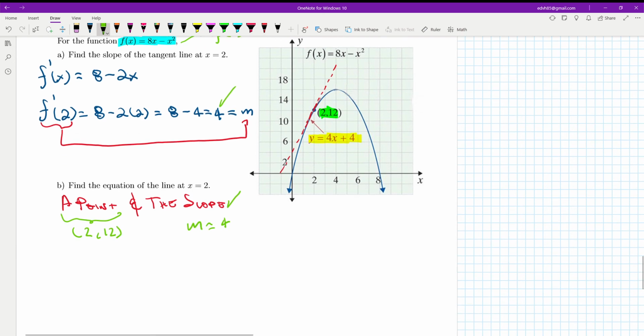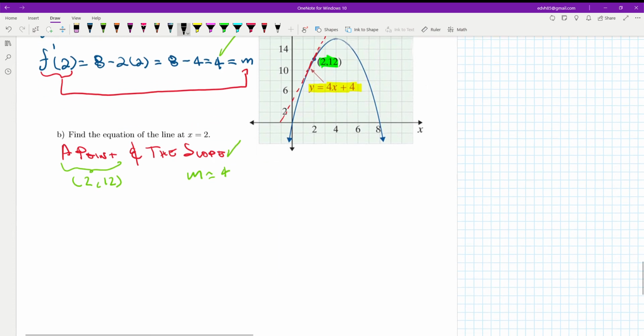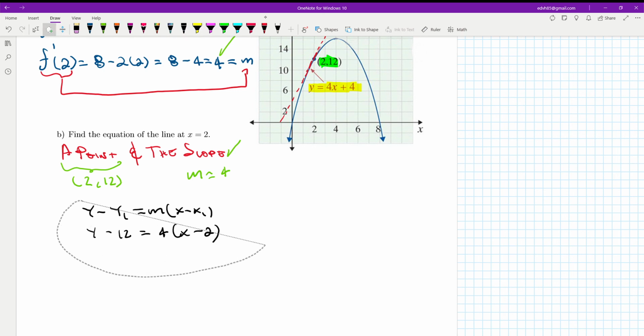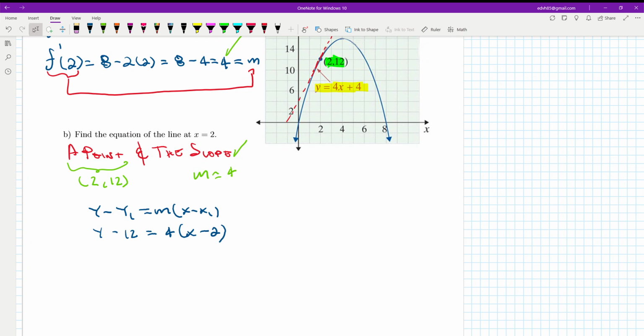We're going to use the point-slope form, y minus y1 equals m times x minus x1, where y1 is 12, m is 4, and x1 is 2. In this case, we're essentially done with this problem. All we have to do is distribute.